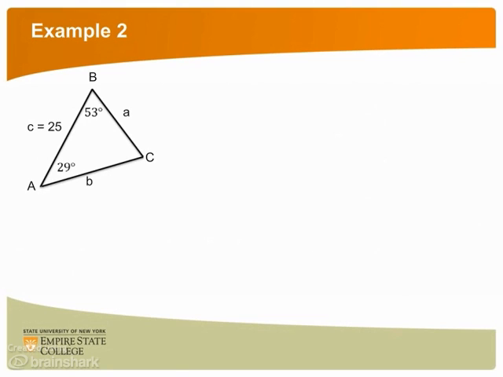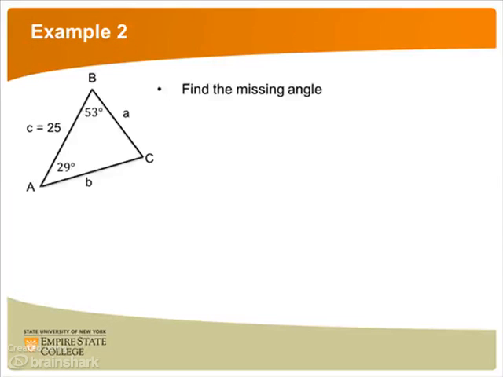In this example, we know that angle A is 29 degrees, angle B is 53 degrees, and the length little c is 25. This time, we have two angles and the length of the side between those two angles, or the angle-side-angle setup. We start by finding the missing angle measure. We subtract 180 minus the sum of the angle measures we do know.